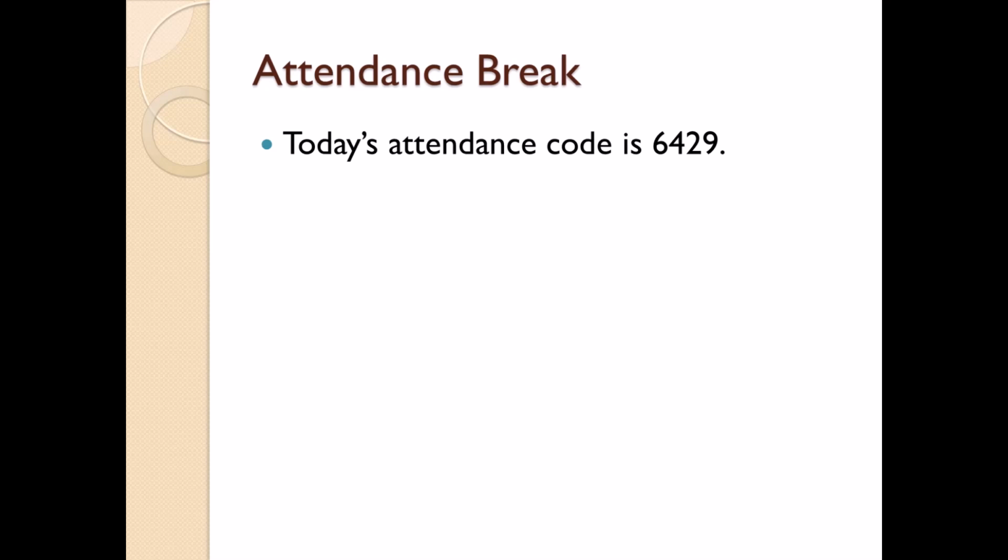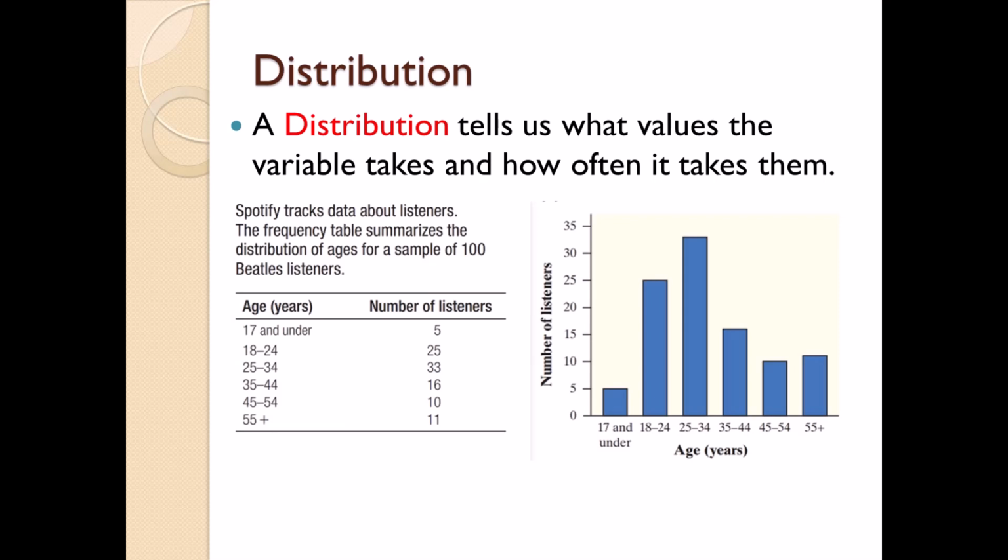All right, so moving on, a distribution. Now, this is a graphical display of the distribution, but this on the left is your distribution. It's kind of a chart that tells us what values the variables take and how often it takes them.